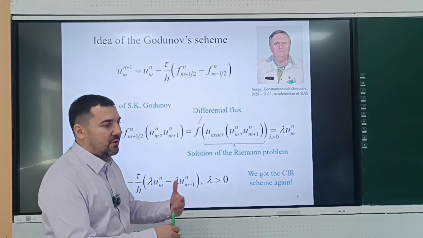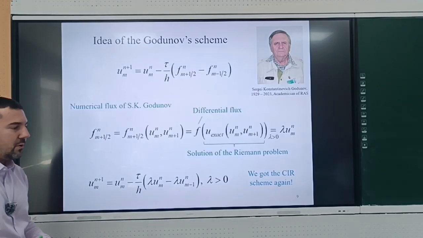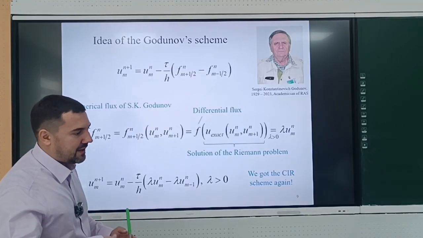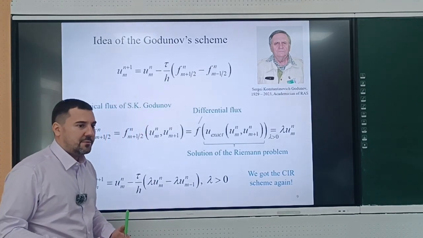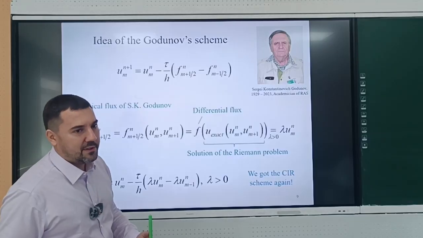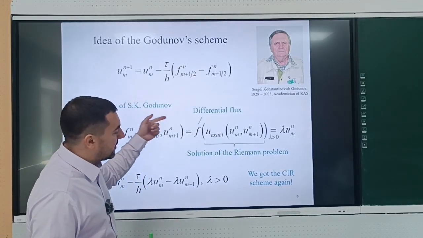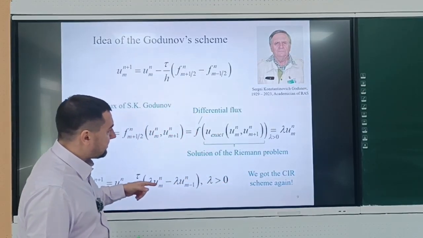And once again, just because of the structure of our equation, just because we know which equation we solve, not just press the button and expect that a numerical method from ANSYS or OpenFOAM will provide you the solution. We know the structure of our solution, and this way we obtain the numerical flux lambda u_m^n.